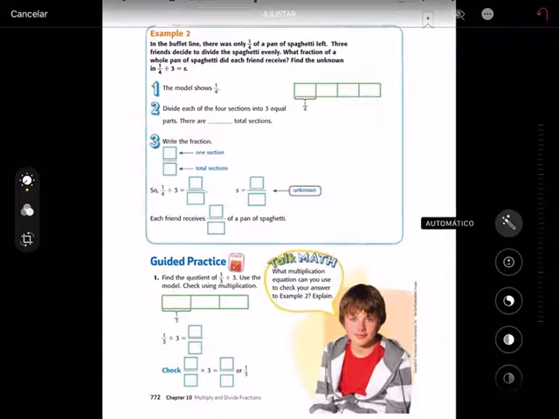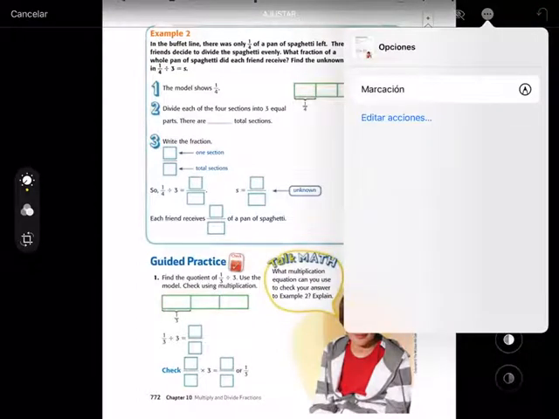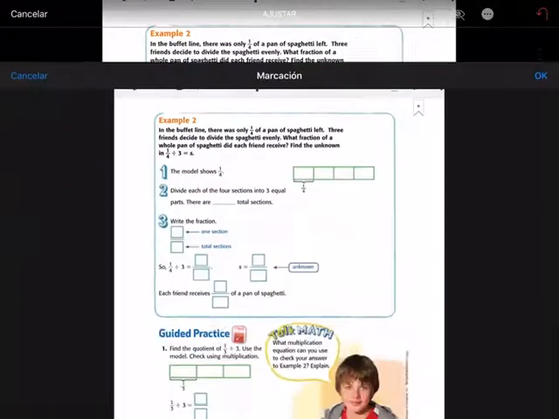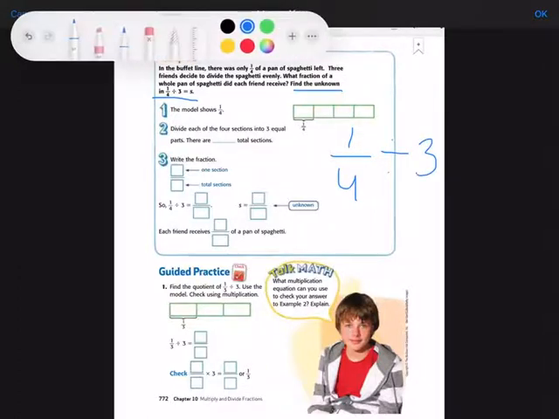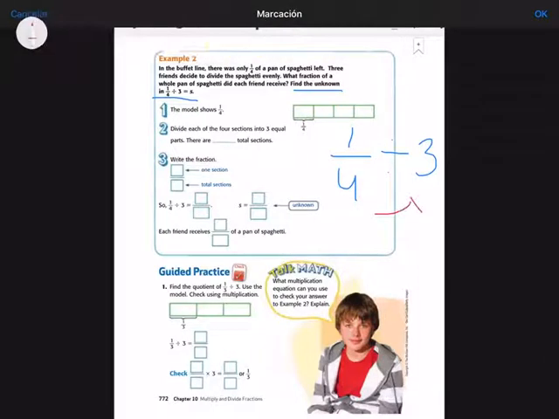Let's go here, next page, page 772. Let's go to the problem so as not to make this video that large. Okay, 1/4 divided by 3. So now 4 times 3, 12.